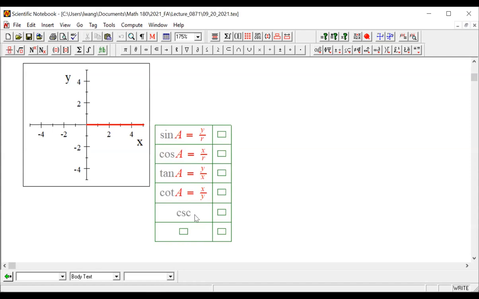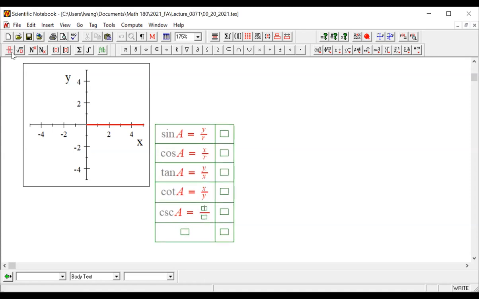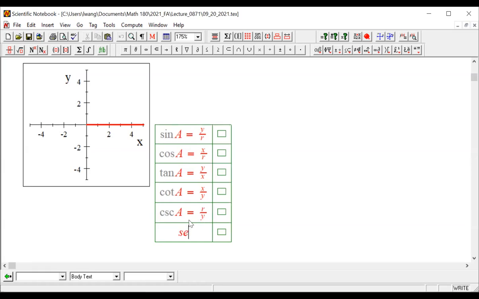Cosecant of A is r over y. And secant of A is r over x.